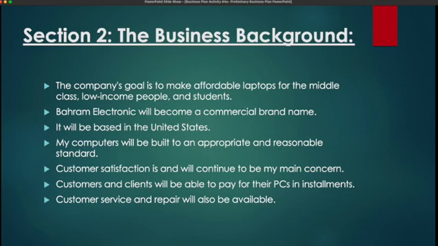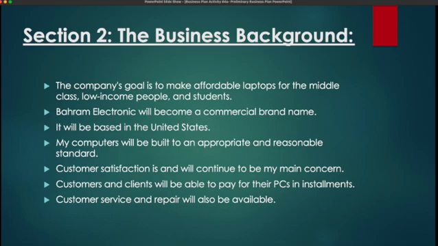My computers will be produced based on the minimum standard and satisfaction and quality, and customer satisfaction will be my first and top priority, and I'll continue to meet this requirement for my customers.